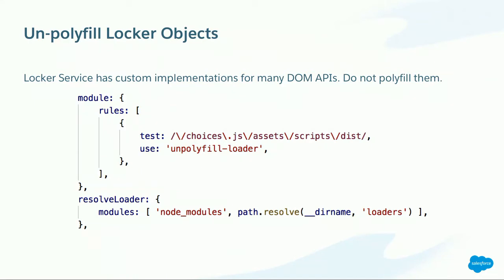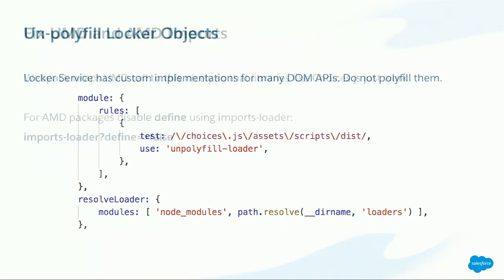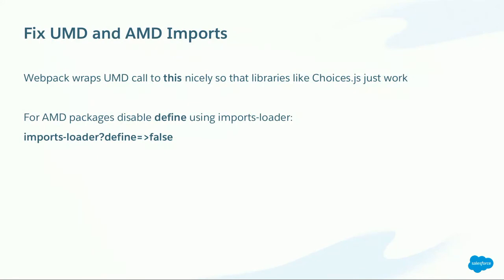At the bottom of it, I specify the directory for custom loaders so that my custom loader gets loaded. Another issue is that some libraries use UMD and AMD styles of imports. If you don't know what it is, just to give you a brief introduction, you basically don't want to have them because they have a fancy way of importing stuff that is not compatible with LockerService.